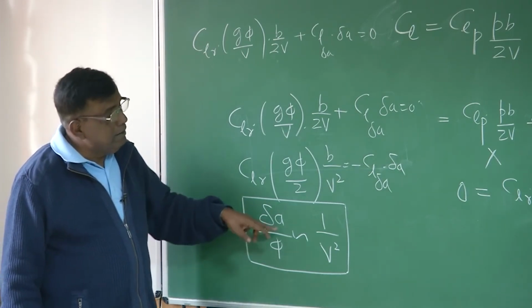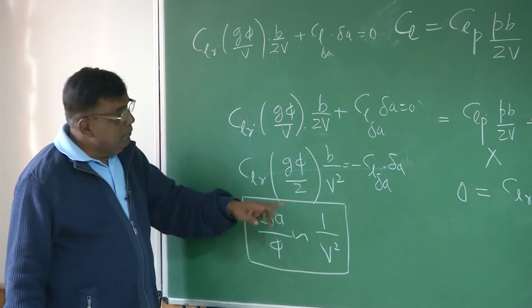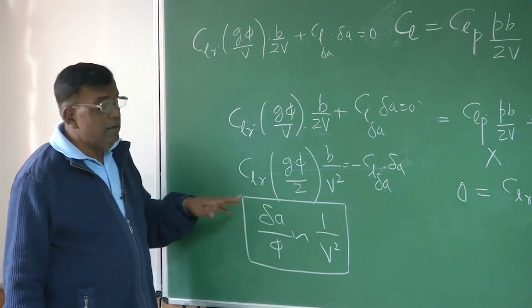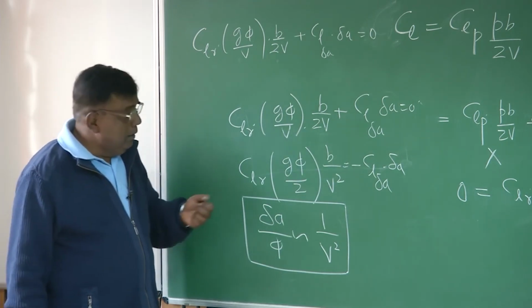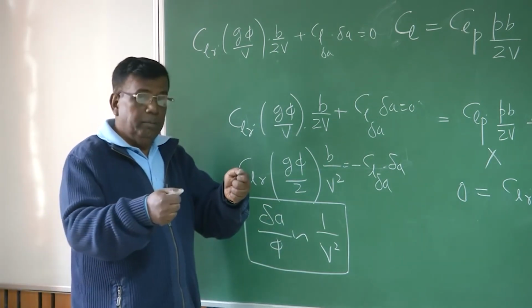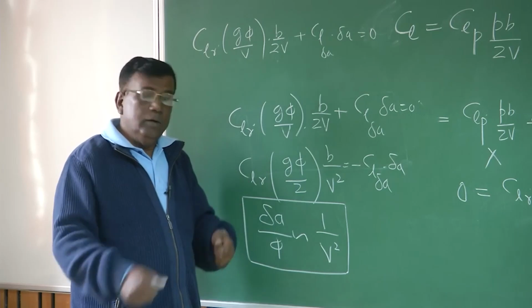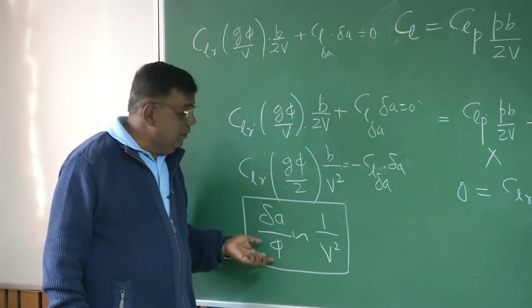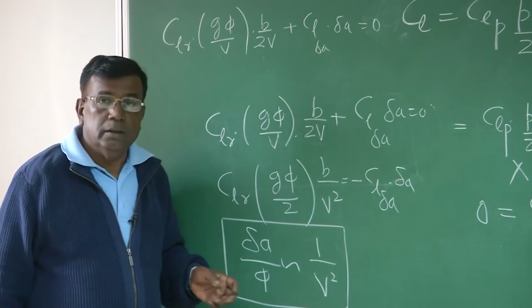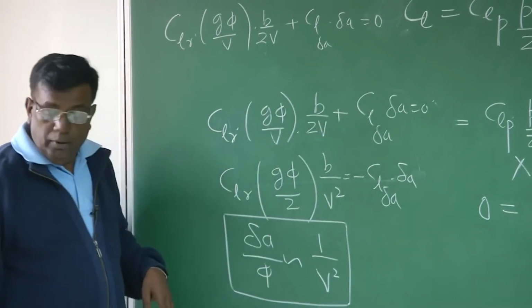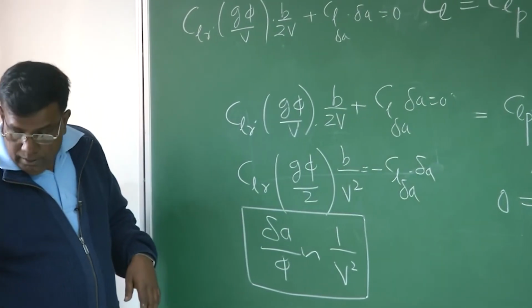This expression is extremely important, and it will tell you how to design the controller for an airplane to give the pilot good handling qualities. You should be very careful that delta A by phi will go inversely with V square. That's extremely important. Thank you very much.